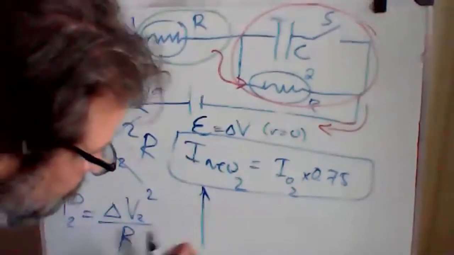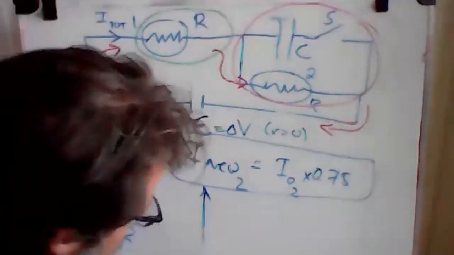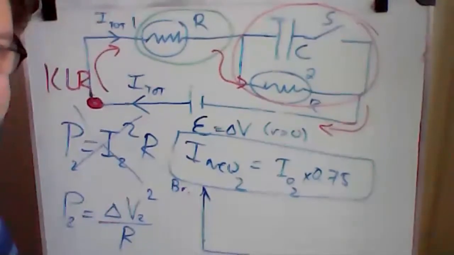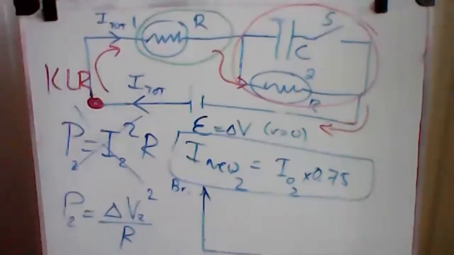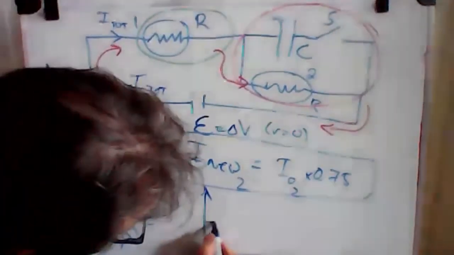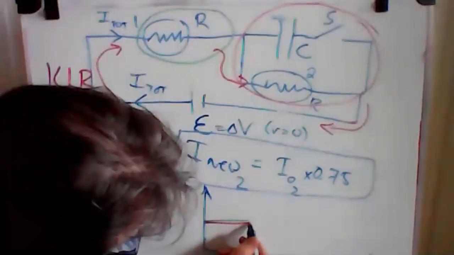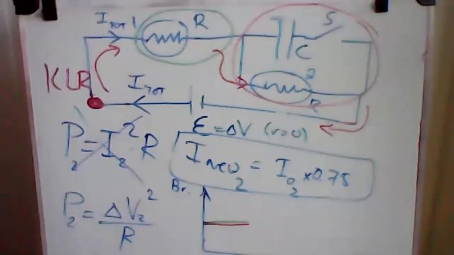And just to make this into an AP Physics C problem, am I on screen now? I am. So you can kind of imagine like the brightness plotted here, right? So if we take the green bulb and the red bulb, before the switch is closed, they're kind of together, right?